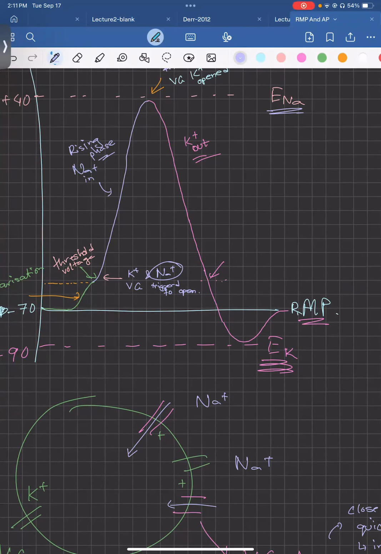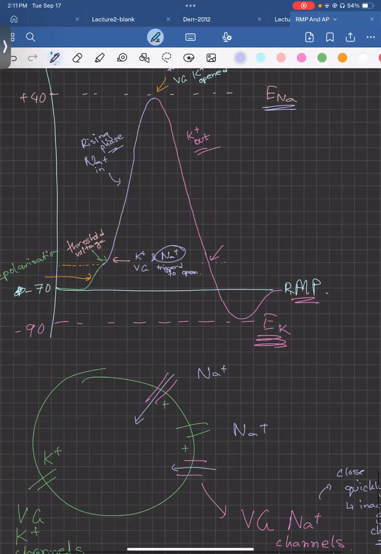There are a lot of nitty-gritties to it. Let's talk about that for a little bit. So remember that the voltage gated sodium channels became inactivated around here? It became inactivated around here.